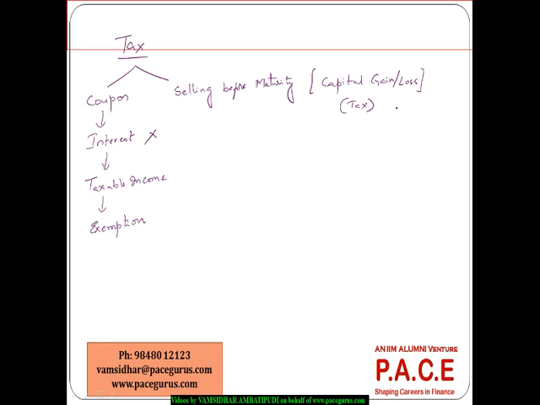We call it a capital gain, and the tax rate is generally lower for a capital gain compared to the income tax. But if it is a long-term capital gain, where the sell-off has happened after a specific minimum period, in some countries there is no long-term capital gain tax at all, whereas in some other countries it could be very, very low as well. So that's one more dimension that we need to understand from a tax perspective.